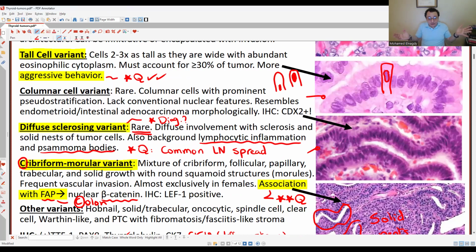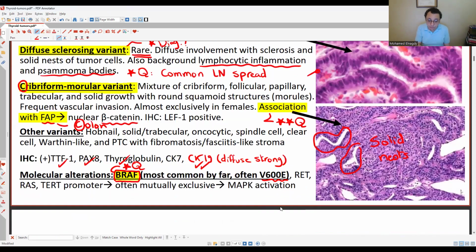Diffuse sclerosing variant is only asked in one Q bank. Cribriform, you need to remember this for the FAP mutation association, and you need also to memorize the associated molecular alteration, which is the BRAF V600E.